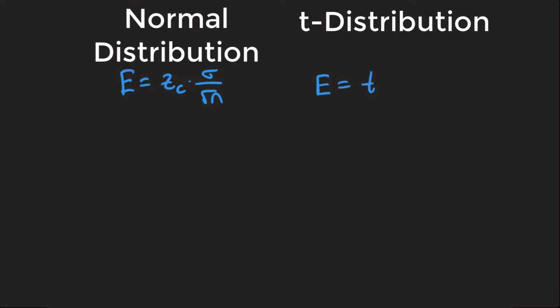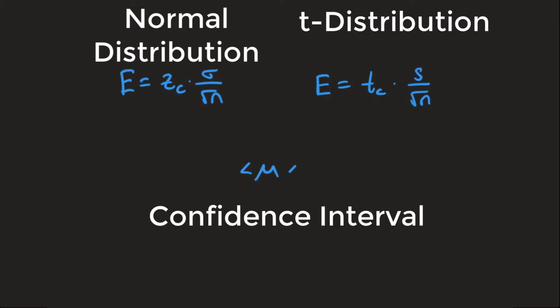So we're going to put TC for a t-distribution, and then we're going to use the sample standard deviation divided by the square root of n. And then the formula for the confidence interval is going to be the mean minus the margin of error, and then the mean plus the margin of error.